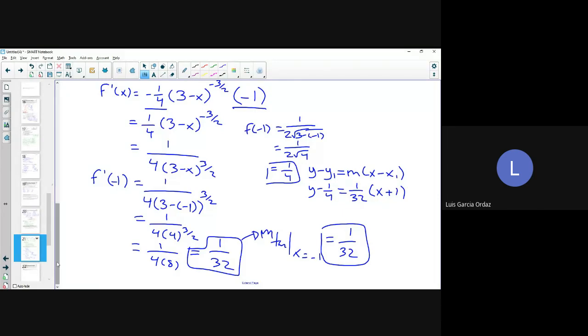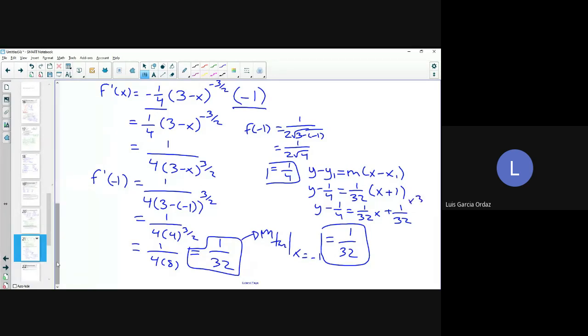And now what I can do is just open up the bracket. And to get rid of the fractions, what do I multiply both sides by? To get rid of my fraction, what would I multiply both sides by? What's my biggest denominator? 32.